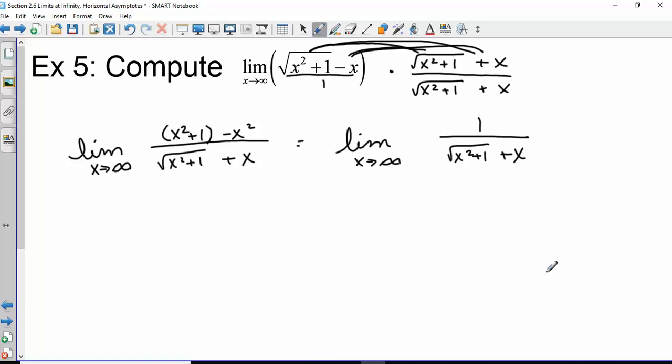So at the beginning, if we just plugged in, we had an infinity minus an infinity, and we couldn't figure out what that went to. Now if I look at the bottom, I have the square root of infinity squared plus 1. If you take a really big number, you square it, you get a really big number. If you add 1, it's still a really big number. If we take the square root, it's still a really big number.